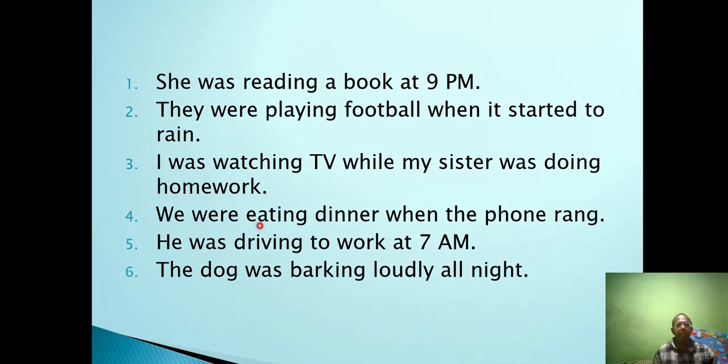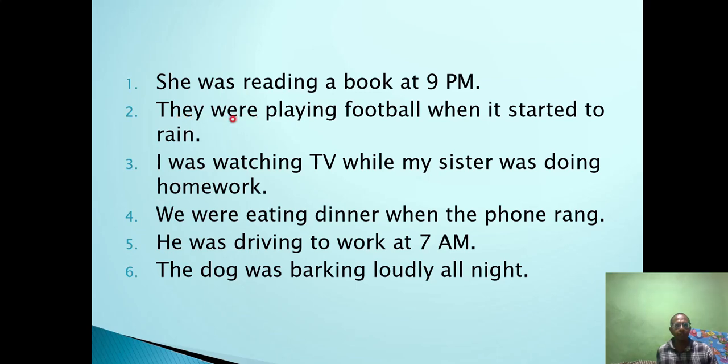And here are some example sentences. Let's stay together by reading and listening to example sentences related to past continuous tense. Number one, she is singular, and here we have used was: She was reading a book at 9 p.m. Number two, they were playing football when it started to rain.